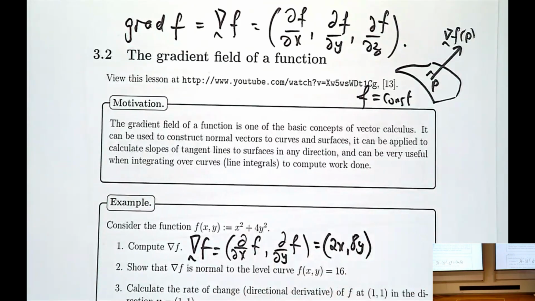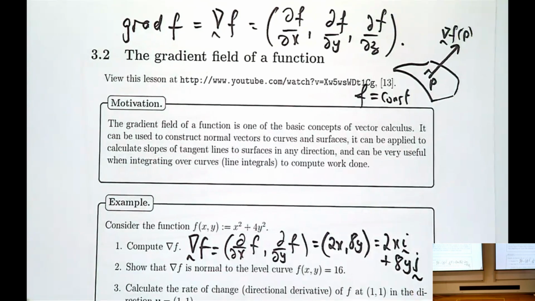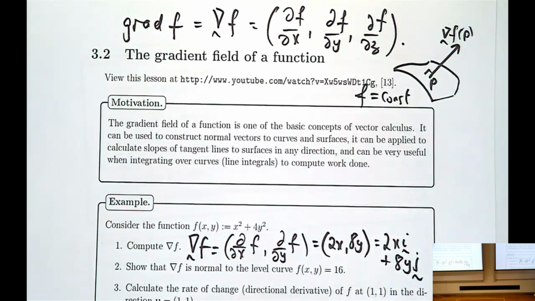If you don't want to write it as a column or a row, you can use i's and j's. It's up to you. Depending on where you are on that surface, this gradient vector will point in different directions and will have different lengths. Pretty easy.